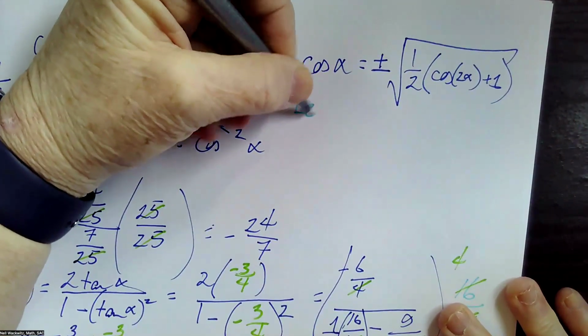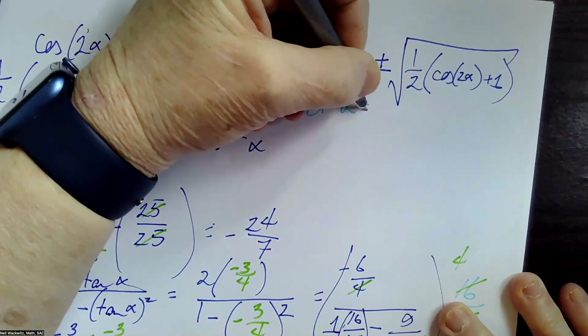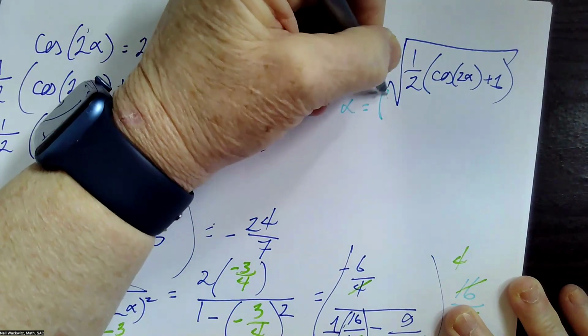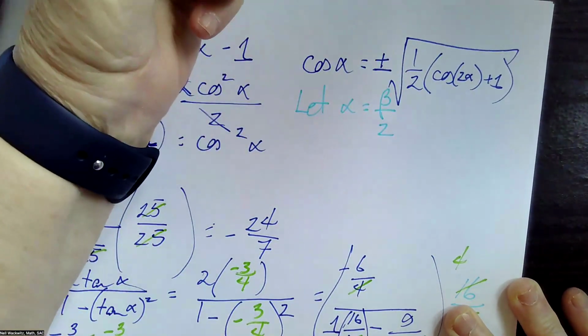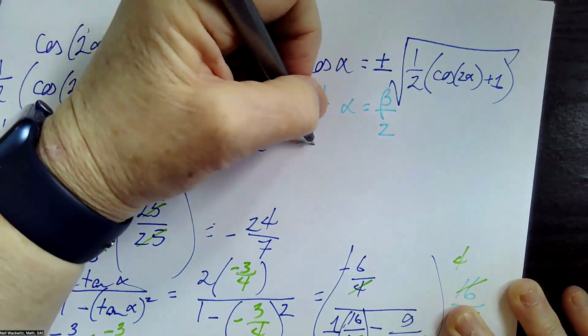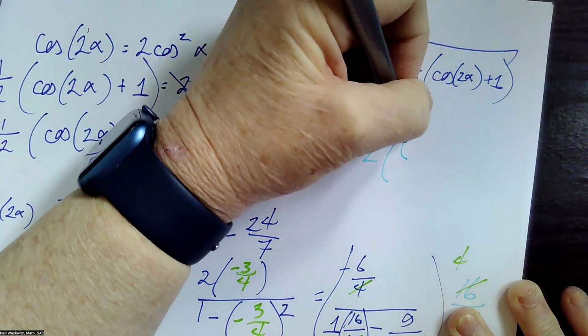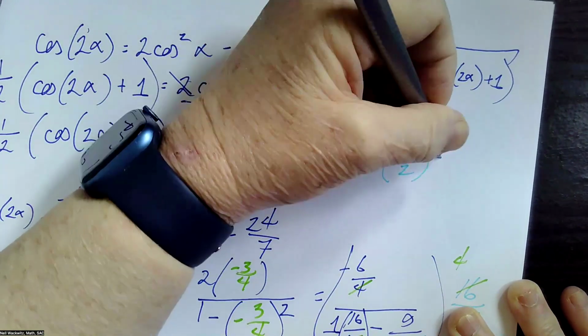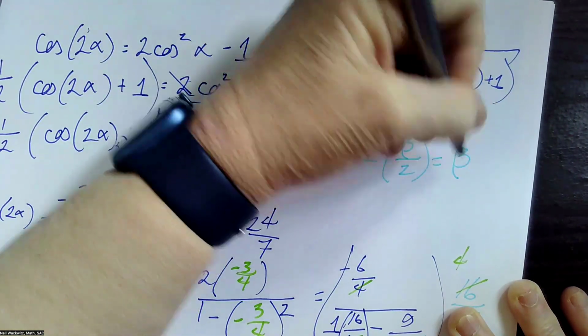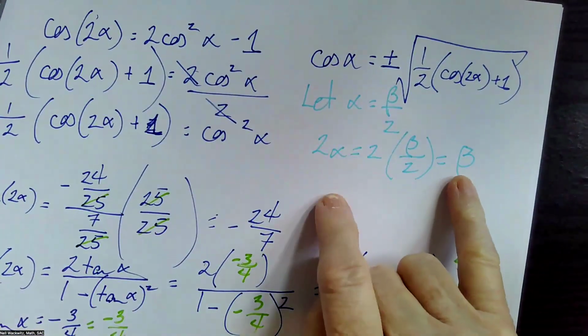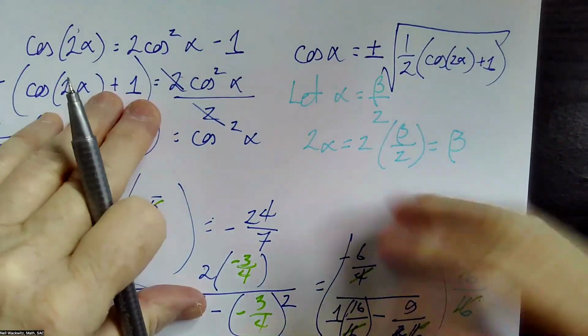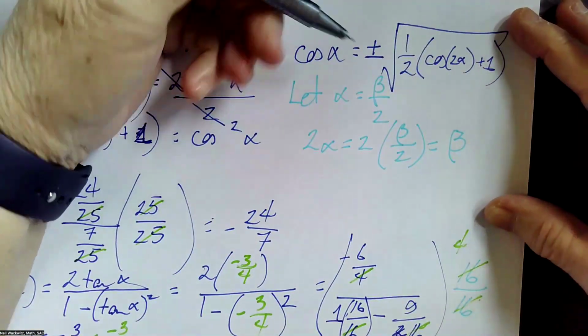We're going to let alpha equal beta over 2, which means that 2 alpha is 2 times beta over 2, which means that 2 alpha is just beta.